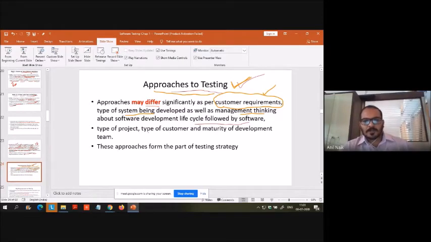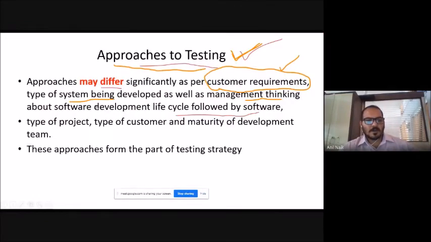The type of project, the type of customer, and the maturity of the development team are all parameters that we consider for the approaches to testing. Whether it is a small project, medium project, or large complex project, for each category the testing approach is different.